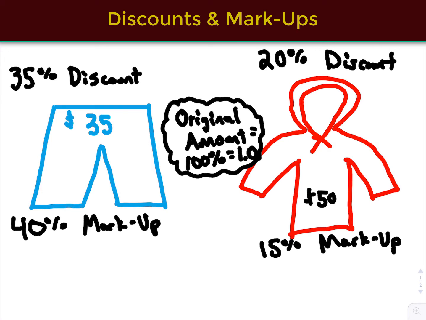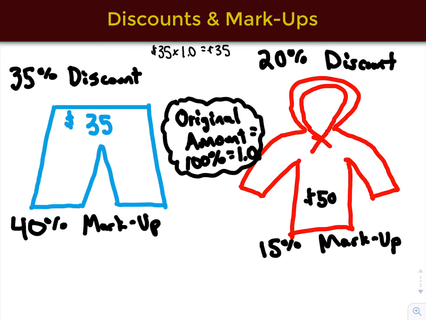In other words, if I just wanted to form an equation that resulted in $35 still for the jeans or $50 still for the sweatshirt, it would go like this. 35 times 100% or 1.0 equals 35.